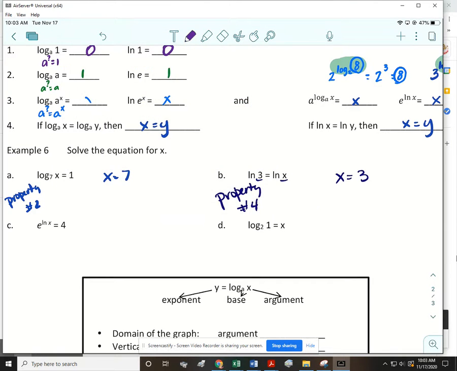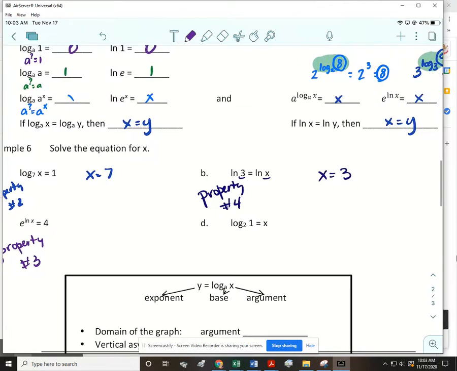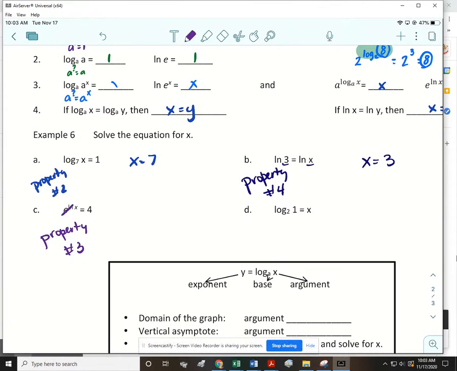All right, and then e to the natural log of x equals 4. That looks like property number 3 on the far right side. All right, so when we have e raised to the natural log of x, the e and the natural log cancel out, and that just means that x equals 4.